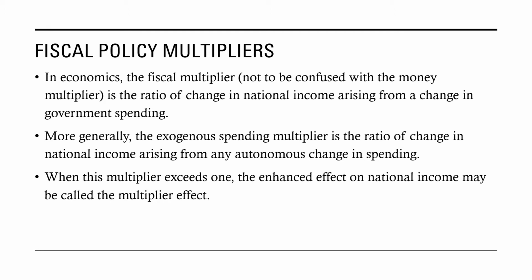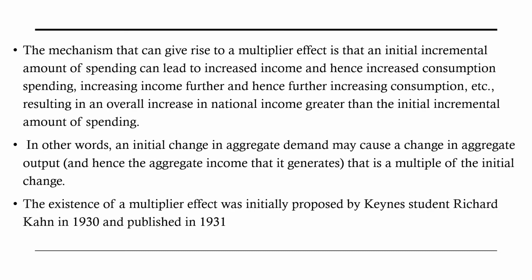When this multiplier exceeds 1, we can see that the enhanced effect on national income may be called a multiplier effect. The mechanism that could give rise to a multiplier effect is that an initial incremental amount of spending can lead to increased income and hence increased consumption spending, which increases income further and hence further increases consumption, and this tendency would go on.